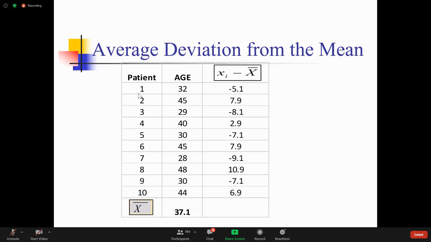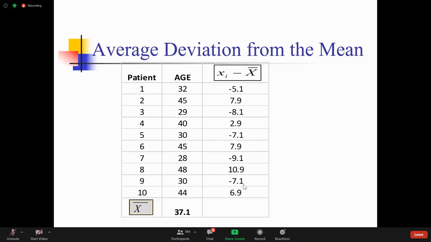So what do we do? We take patient 1, we say 32 minus 37.1. Of course, the result will be negative, so minus 5.1. 45 minus 37.1 is 7.9. It's positive because 45 is greater than 37. Are we okay with this?